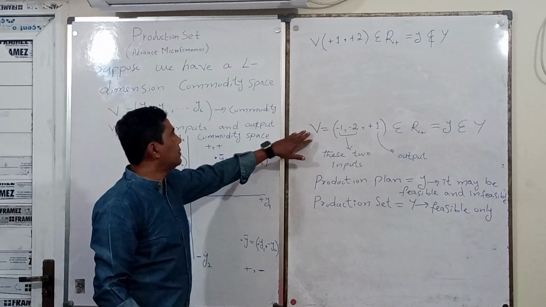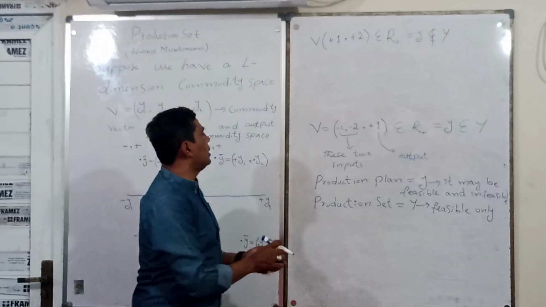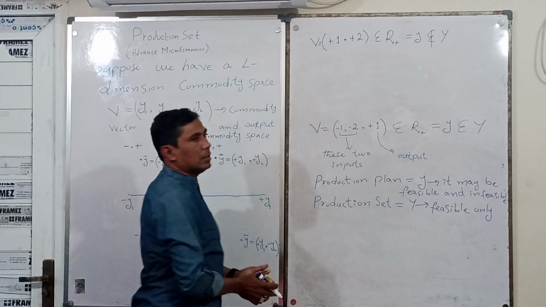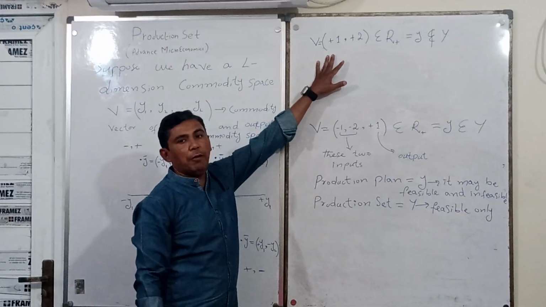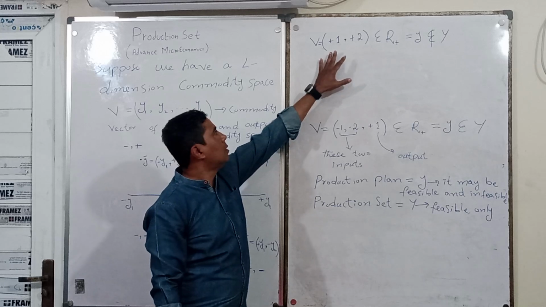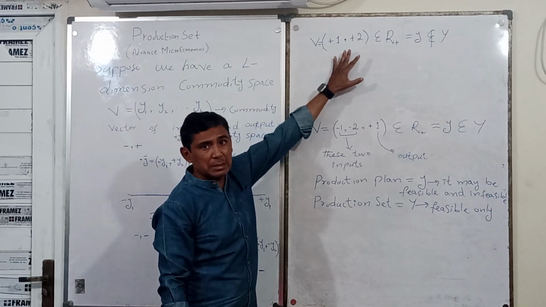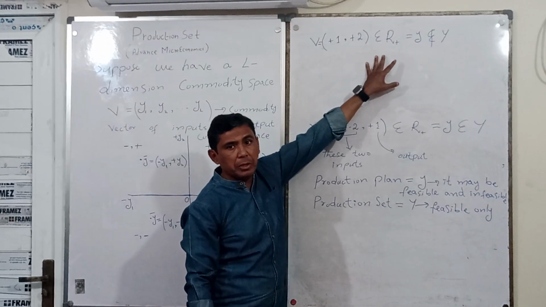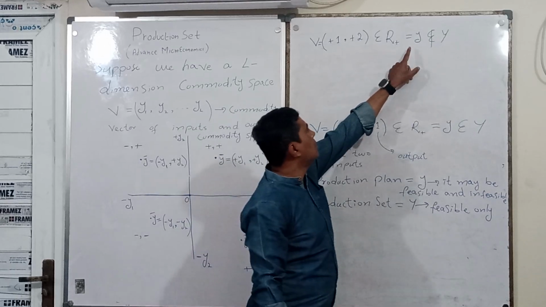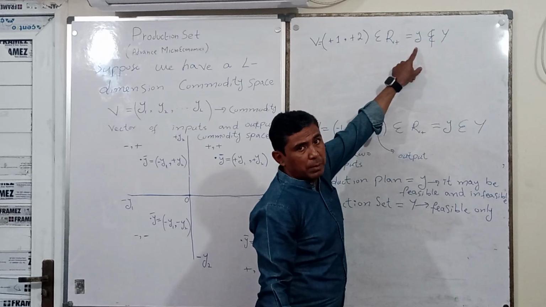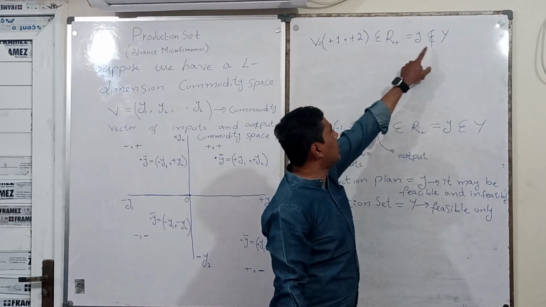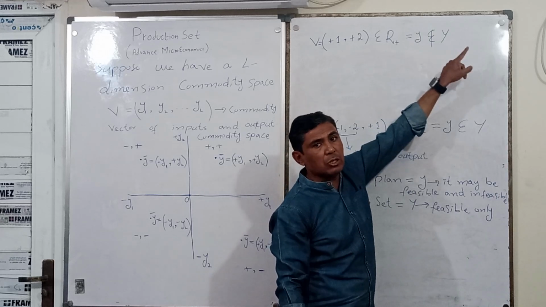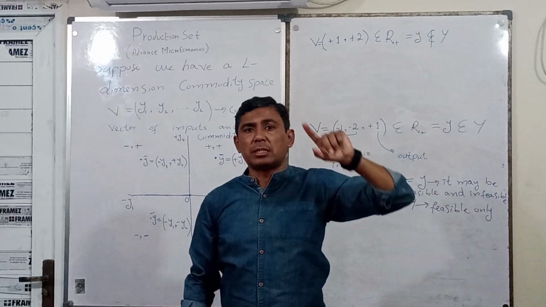Now it is clear. In this vector, we have two outputs, plus 1 and plus 2. This belongs to the positive real numbers and it is a production plan, but that production plan does not belong to capital Y. It means it does not belong to the production set.